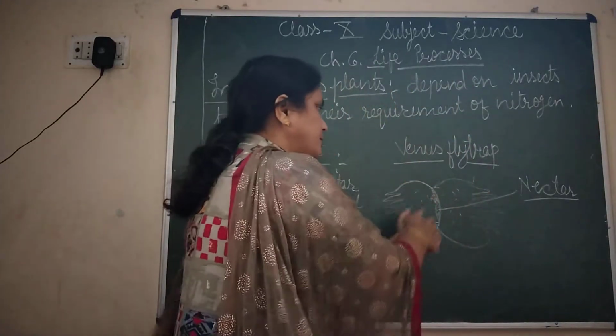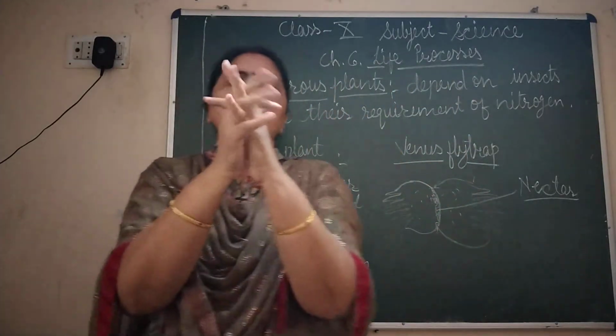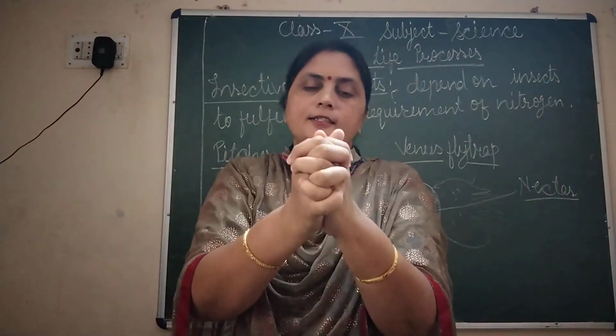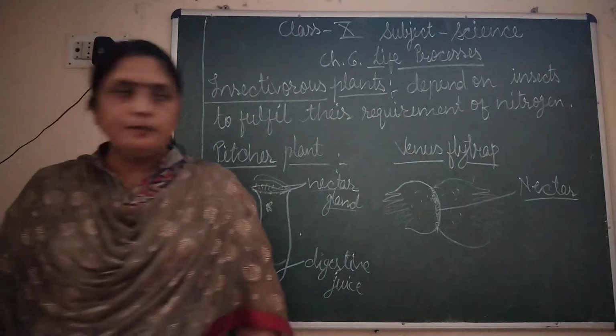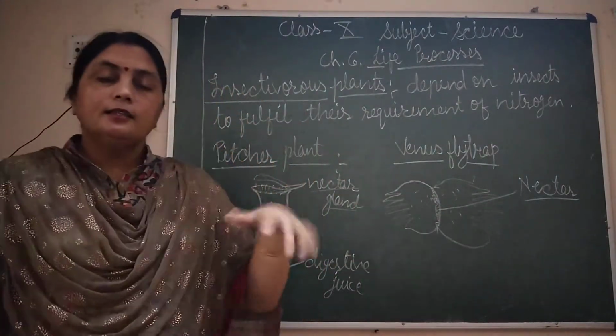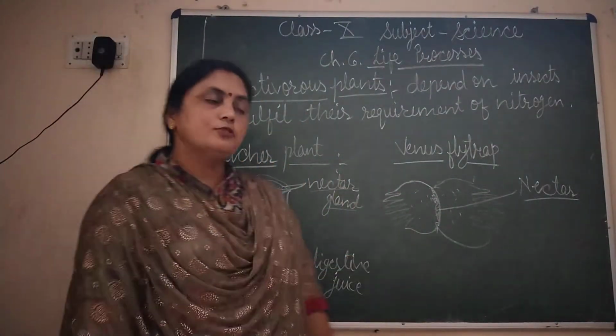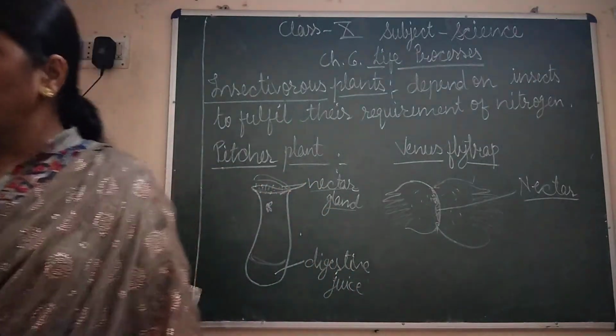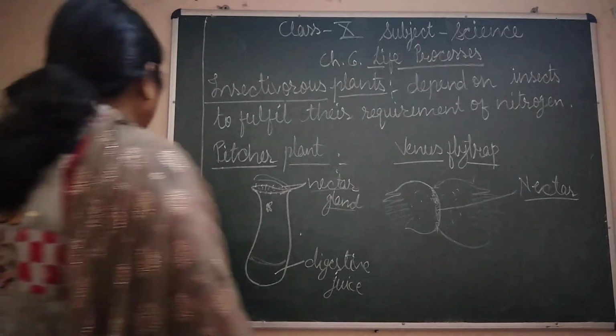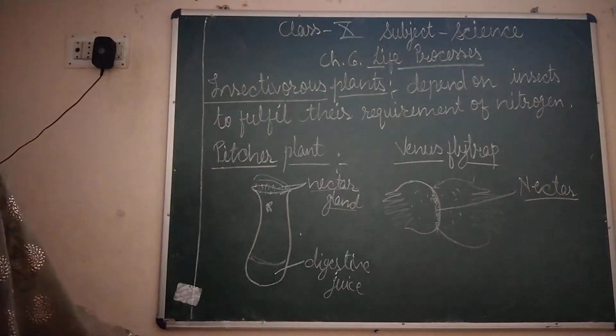These finger-like projections are closed like this, and the insect is trapped within. And this insect will be digested, because as it is trapped inside, the digestive juice will be secreted and it will be digested. So this way, some insectivorous plants work.